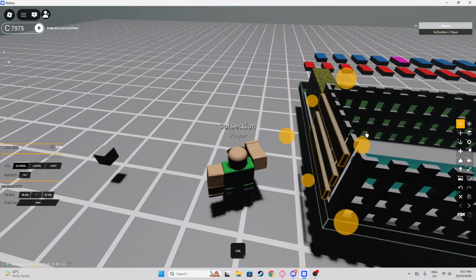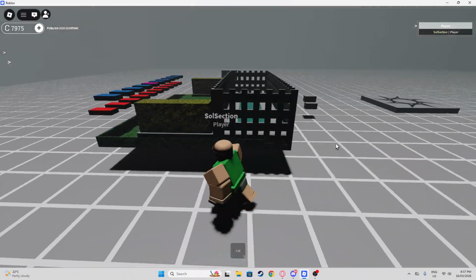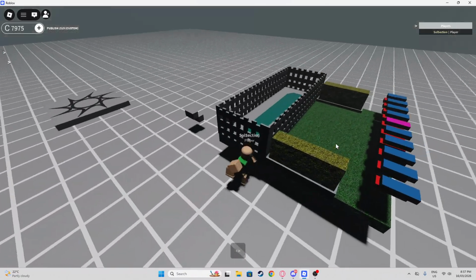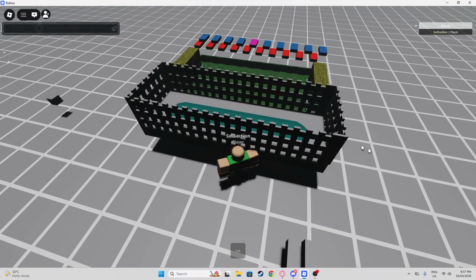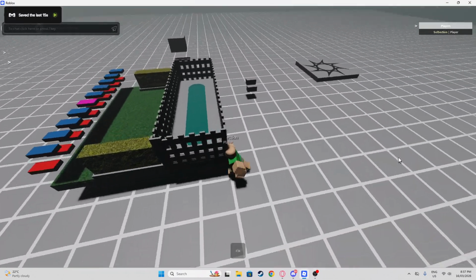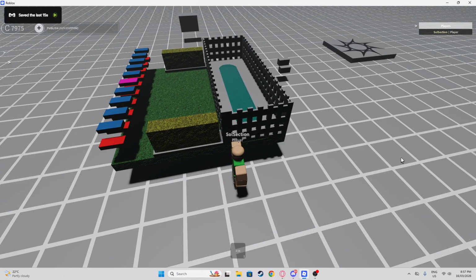So it's very secured. There we go. And then that should be good. Can include everything else.